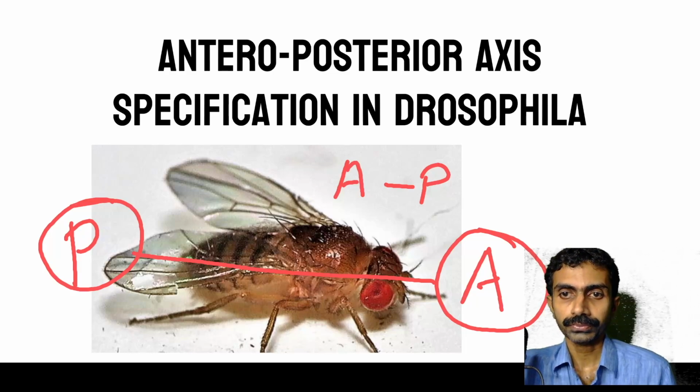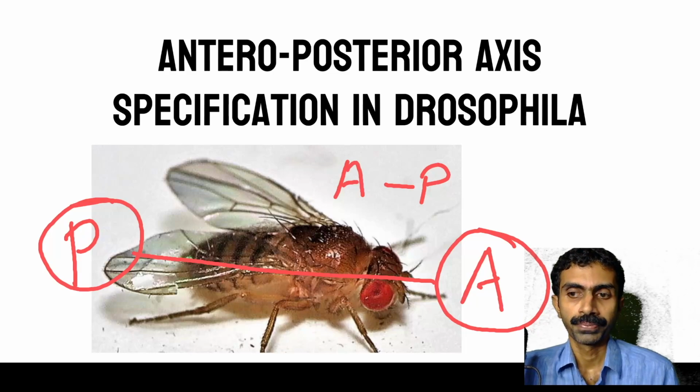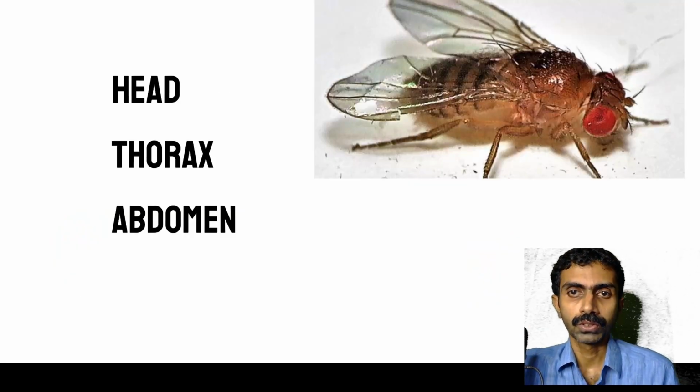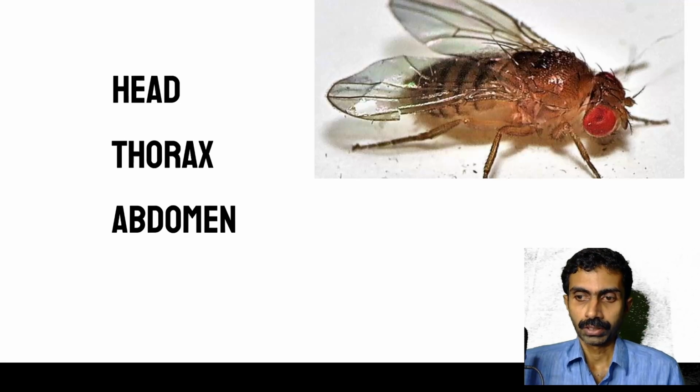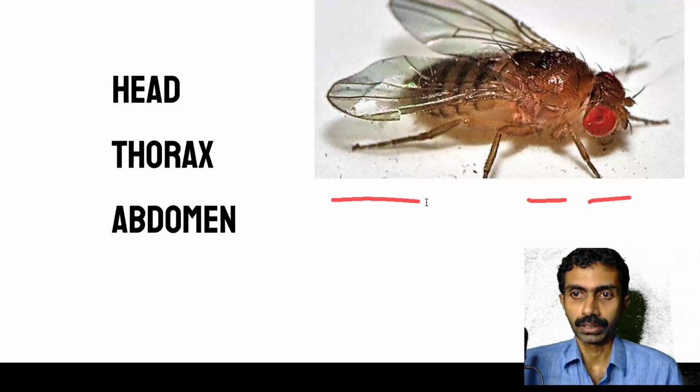You can see this AP axis plays a very crucial role in the life of Drosophila, because the body of Drosophila consists of three parts: head, thorax and abdomen. You can see this is the head region, thorax and abdomen.